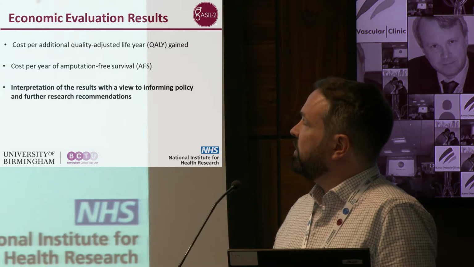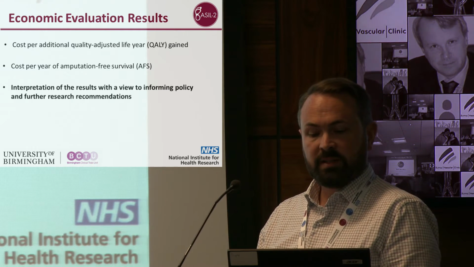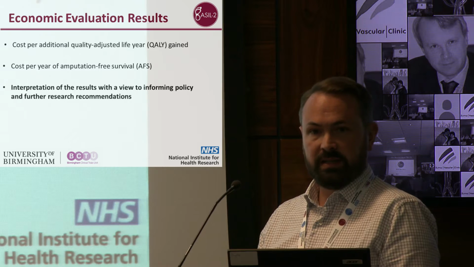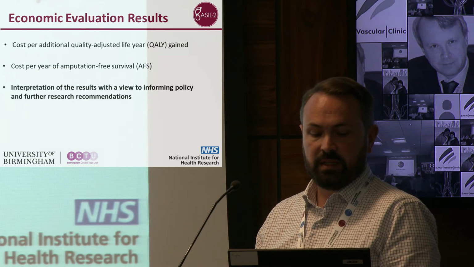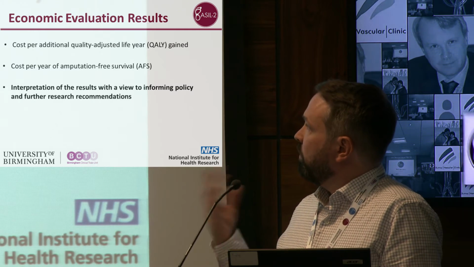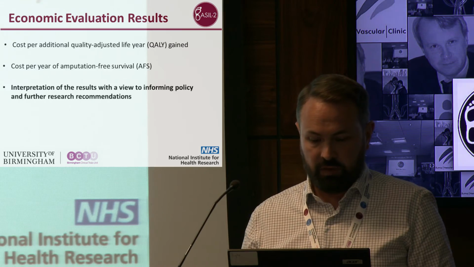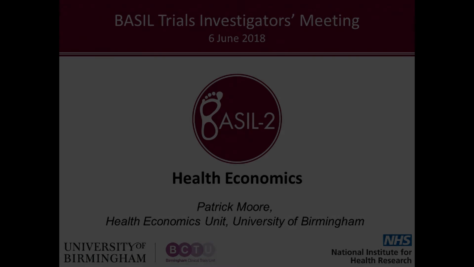The amputation-free survival is very particular to this area, whereas our QALYs, we could compare with other medical interventions. So the interpretation of the results will be with a view to informing policy and making some further research recommendations. And I think that's it in terms of economic analysis. Thanks very much.